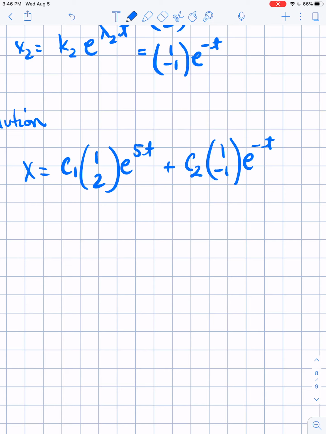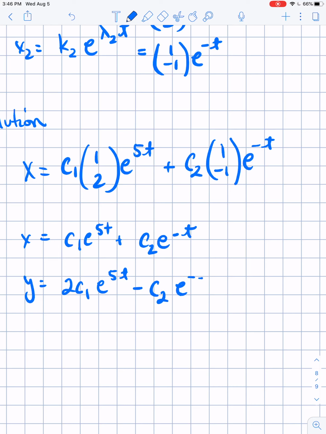Now you could leave it like that, I would leave it like that, but the way that would look would be C1 e to the 5t plus C2 e to the negative t, and 2C1 e to the 5t minus C2 e to the negative t.